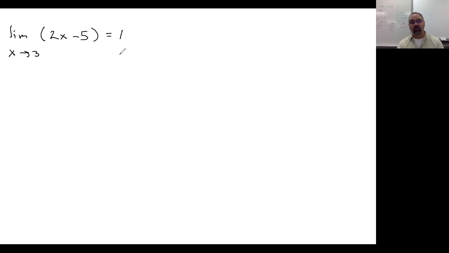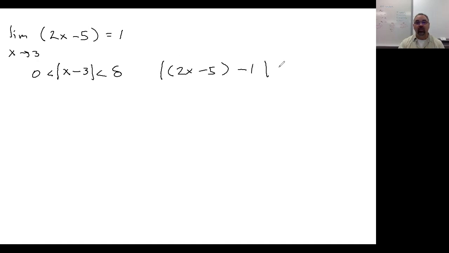He wanted you to say, if x approaches 3, it means the absolute value of x minus 3 is between 0 and some number delta. Then there's a connection to epsilon: the absolute value of f of x minus L is going to be less than epsilon.